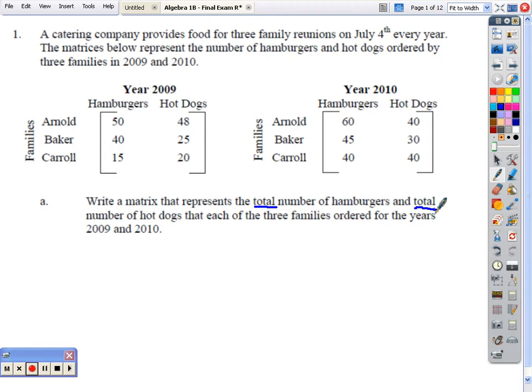So what you're actually going to do is add the matrices. We can add these matrices together because they have the same dimensions. Each matrix has 3 rows and 2 columns, so you can add them together.